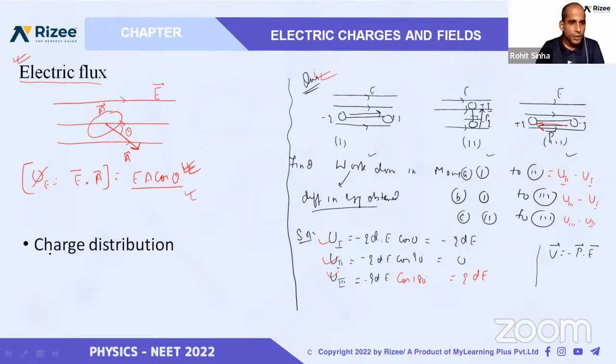Now we are discussing charge distribution. We can have three types of charge distribution.